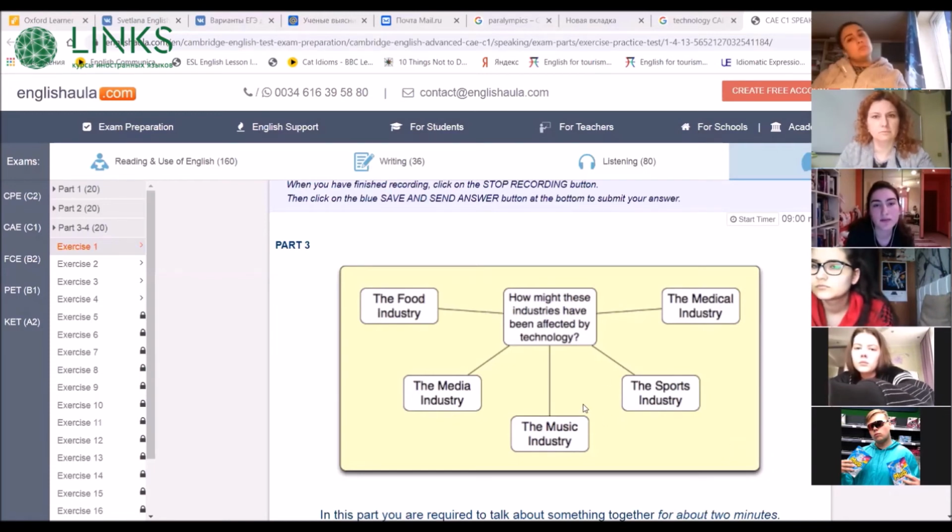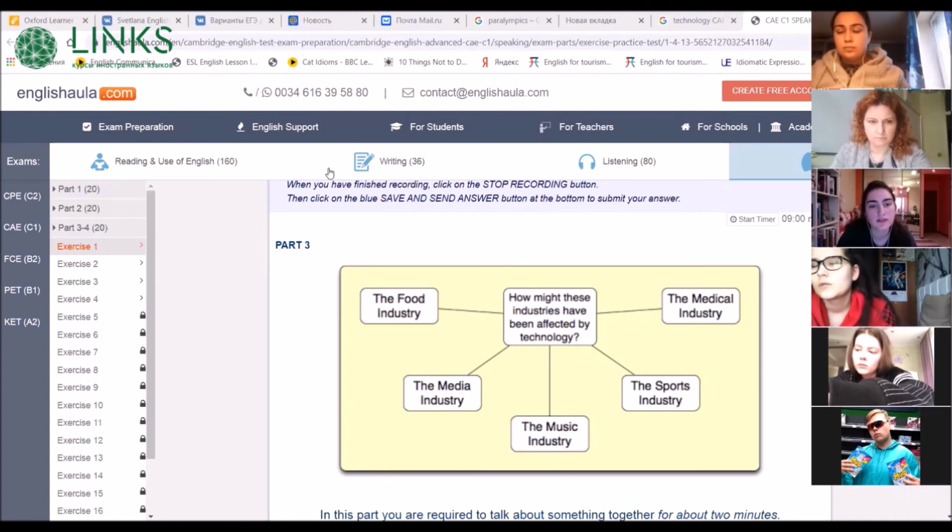For example, there are many factories which produce various types of food, like bread, pastry, also packages of fruits and vegetables. And it obviously helps to improve the whole process of producing different food. So what do you think?